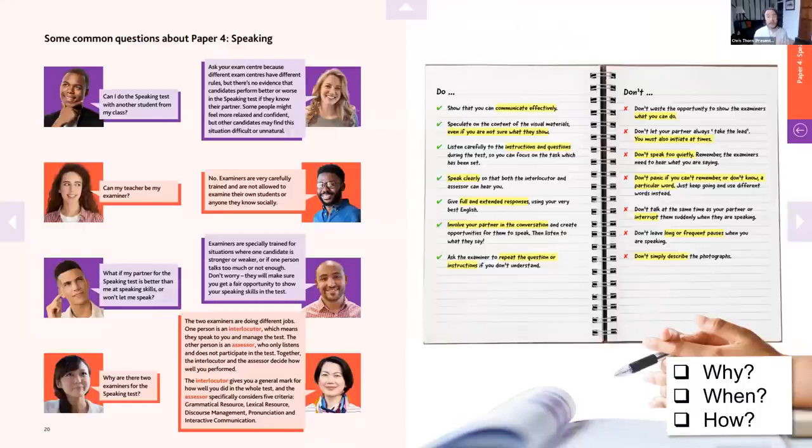Now, having the same structure across all of the papers and levels allows you and your learners to easily anticipate what's there. It helps you find what you need quickly, and it's reassuring for learners as they progress from one level to the next.